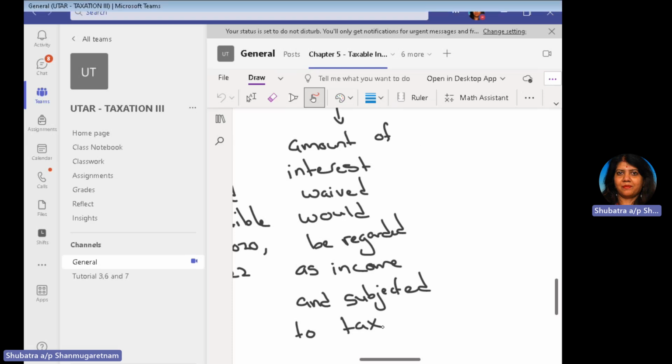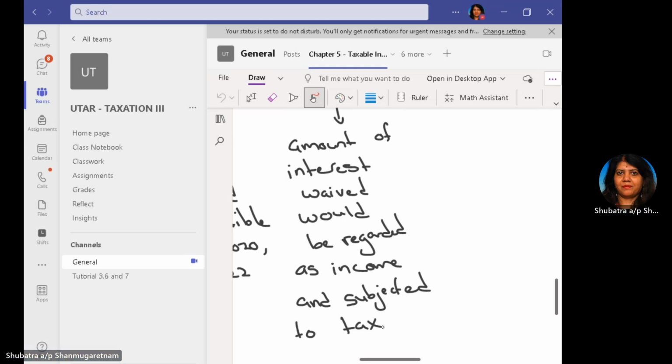Why? Because I gave you a deduction earlier. So now that I'm waiving the interest, it becomes a taxable income. All right? Question, guys?